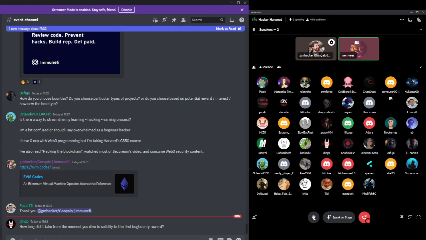Yeah, it was hard for me too when I was working as a dev and also hunting for bugs. But to be honest, the amount of satisfaction when your first bug is confirmed, when you realize that you have helped to secure users' funds from being hacked, is immeasurable.